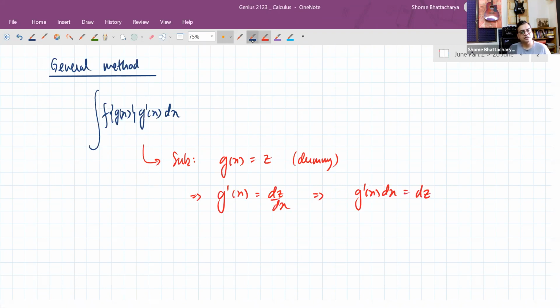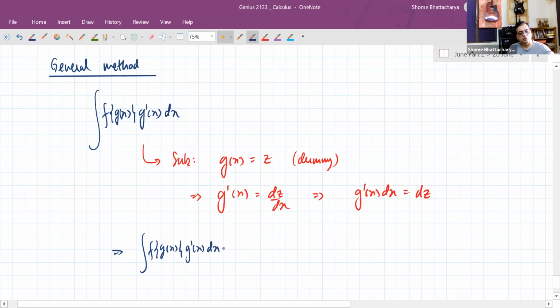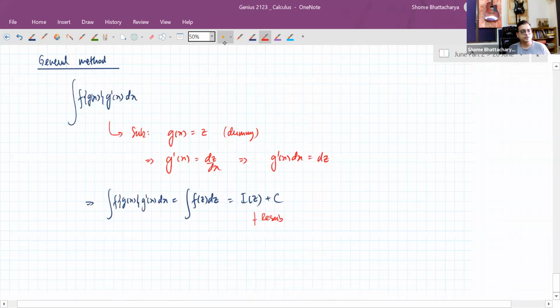Then our integration of f of g(x) into g prime x becomes f of z into dz, and that is the antiderivative of this plus c. And then we resubstitute. So finally we get the answer, so these are the general steps.